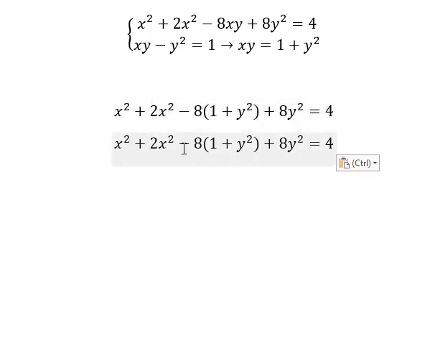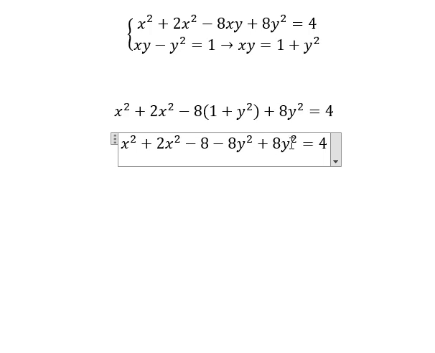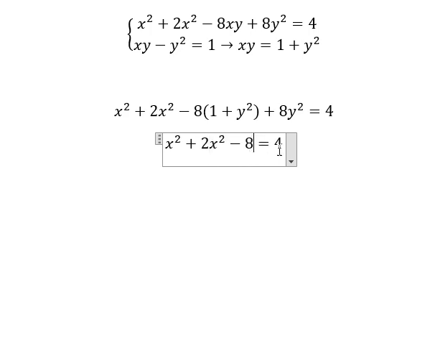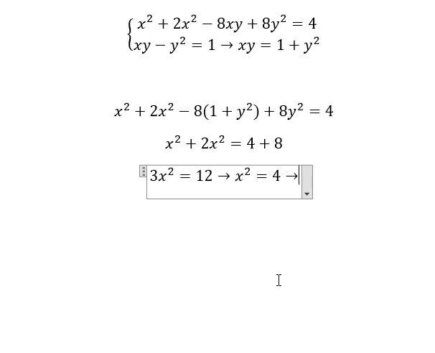Now we need to expand this one. So we can see that we can cancel y squared. We put negative a to here. So we have 3x squared equals number 12. We divide both sides by number 3. And we have number 4. So we put the square root for both sides.